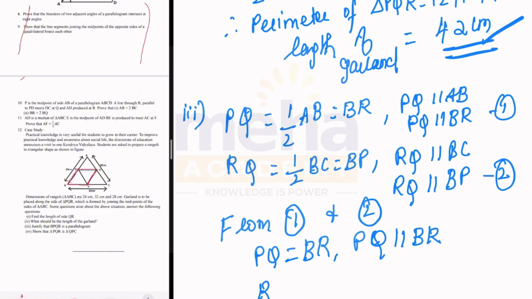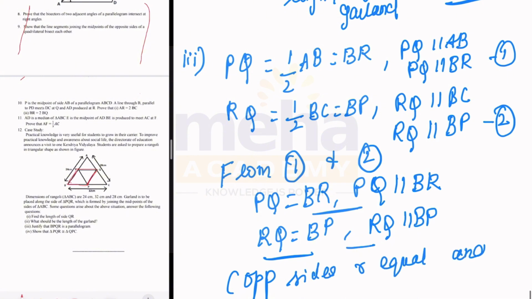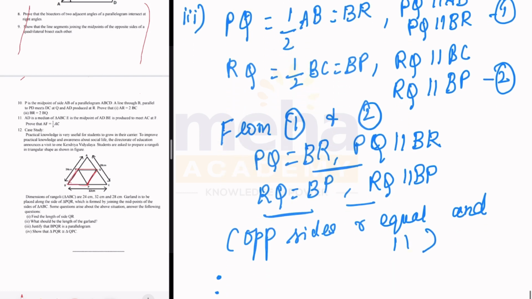Then RQ is equal to BP and RQ will be parallel to BP. So here opposite sides are equal and parallel, which is a property of a parallelogram. Therefore, it is proved that BPQR is a parallelogram.